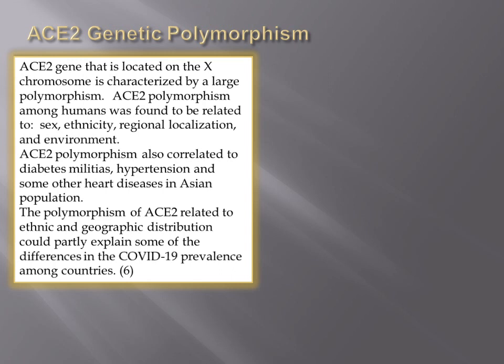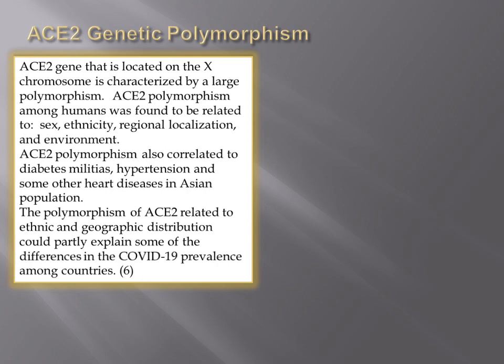ACE2 genetic polymorphism, which means a genetic variant, is another feature of ACE2 that could have an impact on the properties or the characteristics of COVID-19. It has been found that ACE2 polymorphism is strong and is related to sex, ethnicity, regional localization, and environment, which means that different ethnic groups could have different ACE2 genetic properties than other ethnic groups, and also the geographic areas.